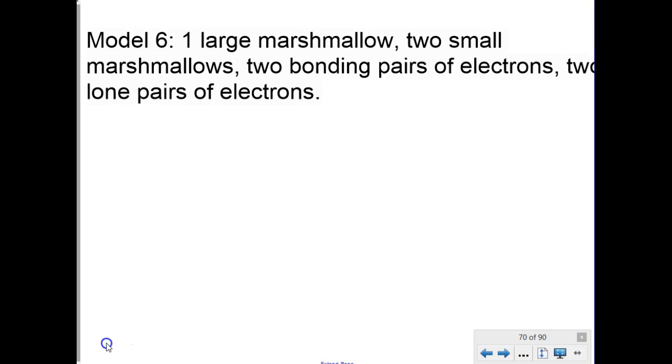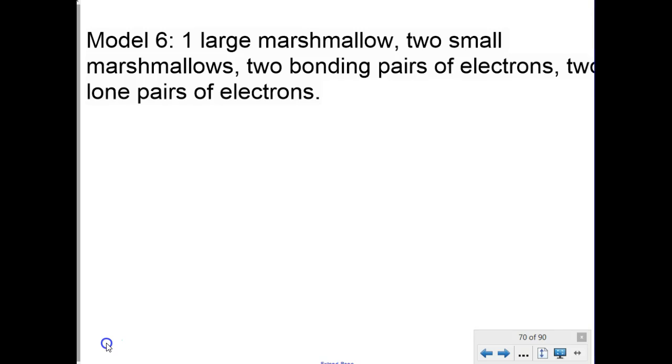Does the lone bond count as an electron pair? The lone pair counts as an electron pair. Yes. Start with this model and take off 1 small marshmallow. You should have one big marshmallow, two small marshmallows, 4 toothpicks.